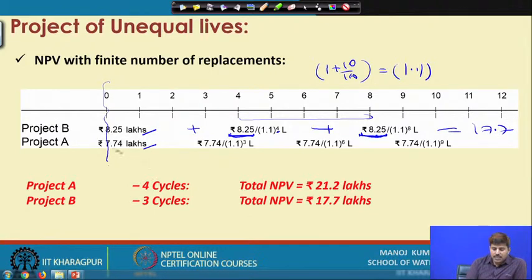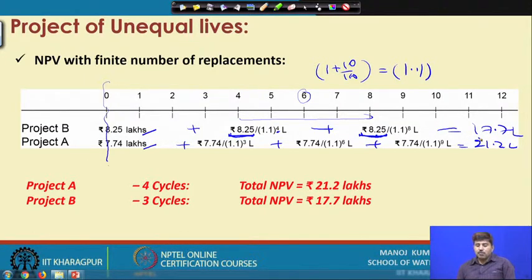Similarly, for project A, 7.74 in year 0, 7.74 in year 3: 7.74 divided by 1.1 to the power 3, 7.74 divided by 1.1 to the power 6, and in the 9th year it will be divided by 1.1 to the power 9. If we take the sum of these, we get the net present value as 21.2 lakhs, the same numbers.